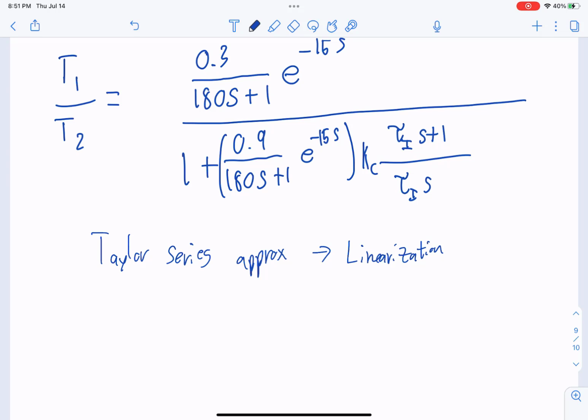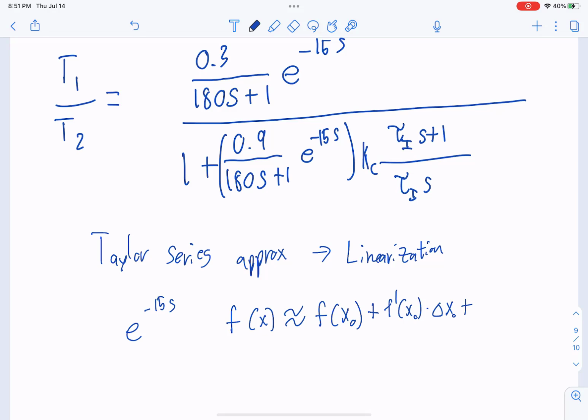So e to the negative 15s, if we think about that, a Taylor series approximation is going to be of the form where you do, let's see, f of x is roughly equal to the value f at x is equal to 0 plus f prime at x is equal to 0 times the distance we have from that x0 plus f double prime delta x0 over, let's see, is the second derivative?